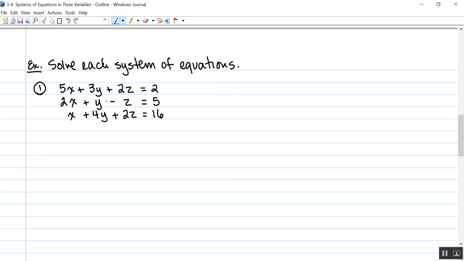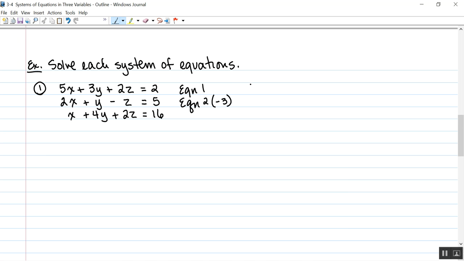So I'm going to leave the first equation the same, and I'm going to take the second equation and multiply it by a -3. And you'll see what that will do to the y's. If I leave the first equation the same, I'll have a 3y, and the second equation multiplied by a -3 is going to give me a -3y.